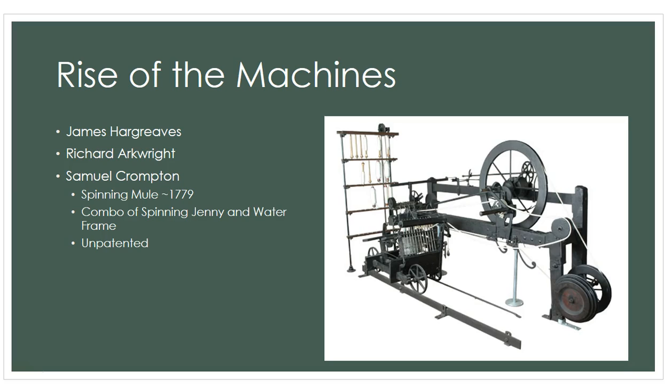One good thing about this machine was that it could produce a very, very fine thread, which could make even softer and softer cloth. So like I said, the best parts of the spinning jenny and the water frame combined together.